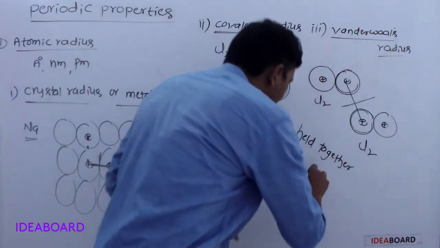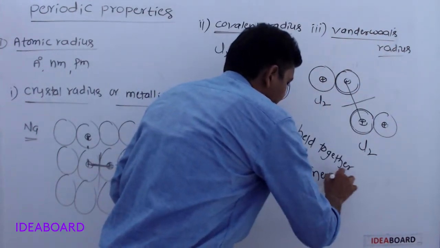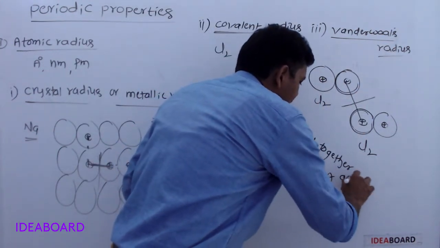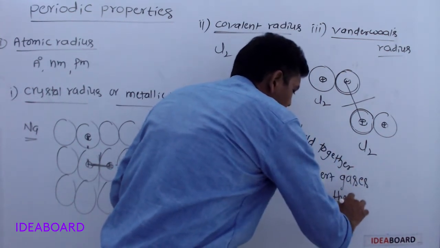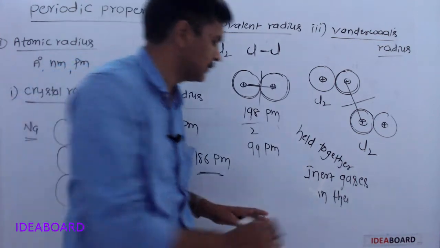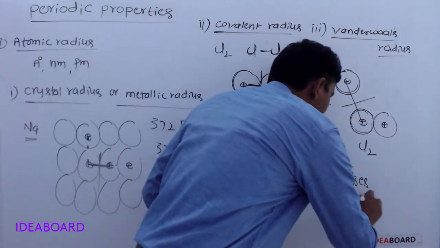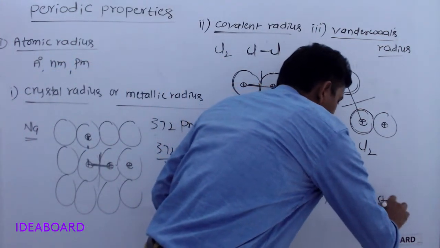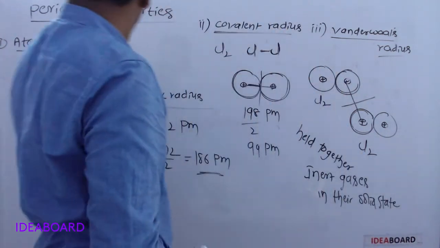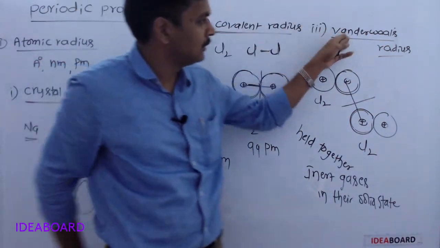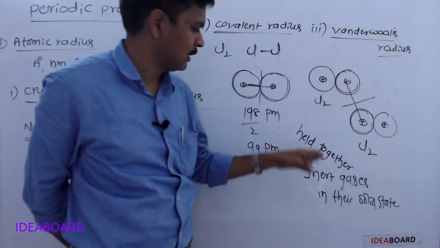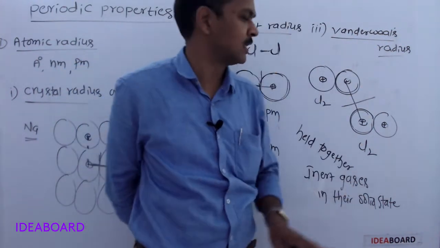This is applicable only for inert gases in their solid state. Generally, van der Waals radius is used for inert gases in their solid state.